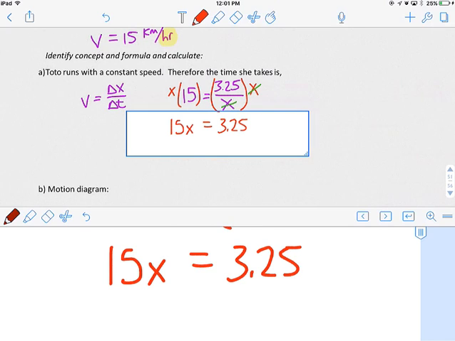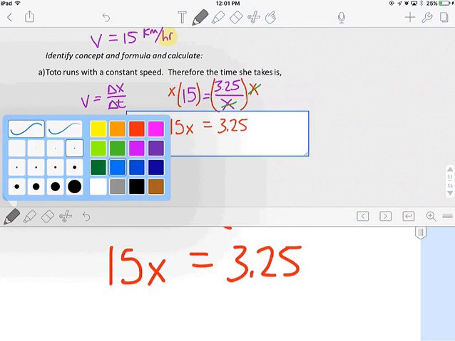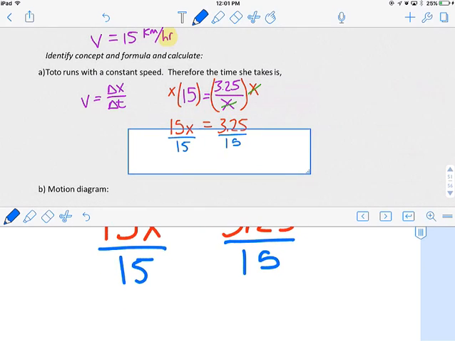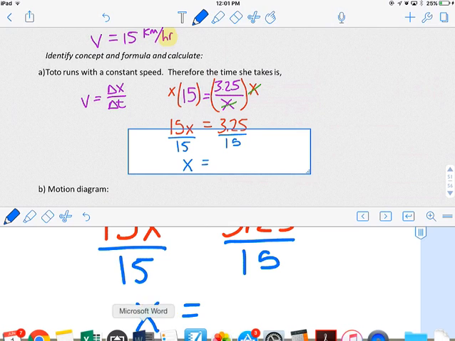Now I can get x by itself, so we'll pick a new color. I'm going to divide both sides by 15 to get that x by itself. So I'll have x here, and then 3.25 divided by 15. I'm going to have to use a calculator to do that.